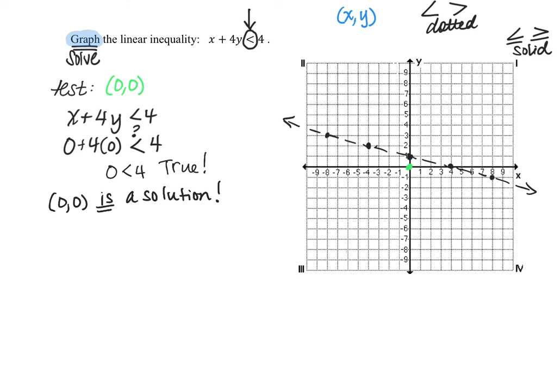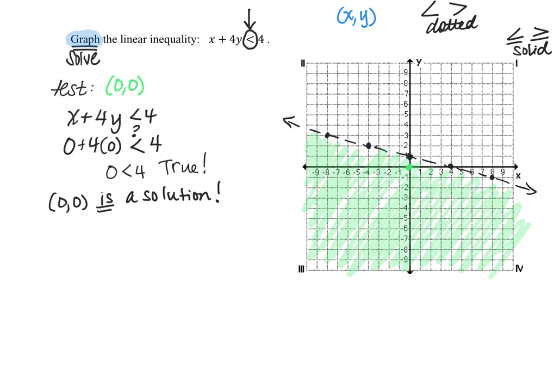So if you get a coordinate that is a solution, then that means that you want to shade wherever that coordinate is. So in this case, the coordinate 0, 0 is below this line, and that means that every single ordered pair, every x, y pair down here below the line will be a solution to the inequality.